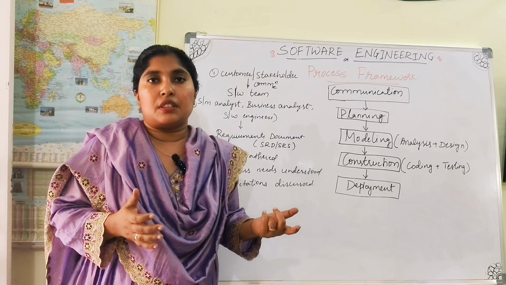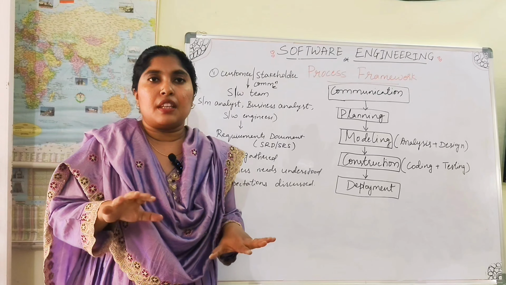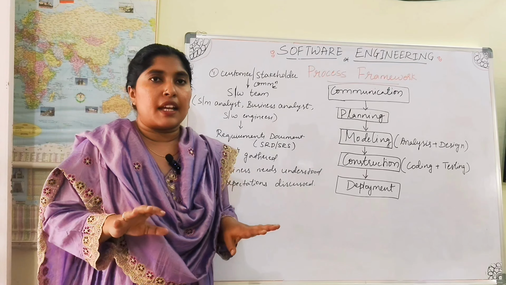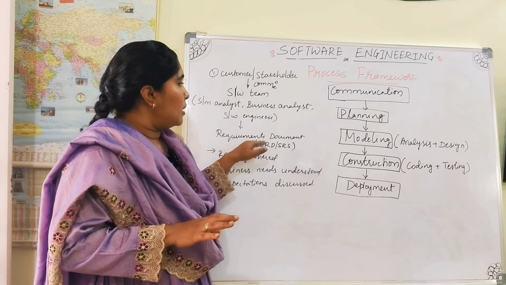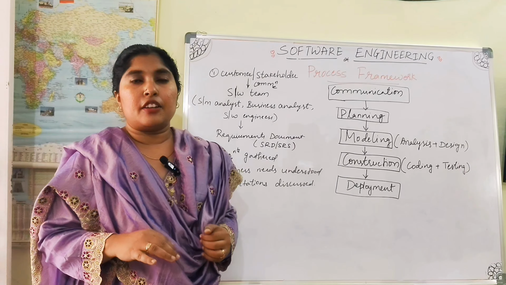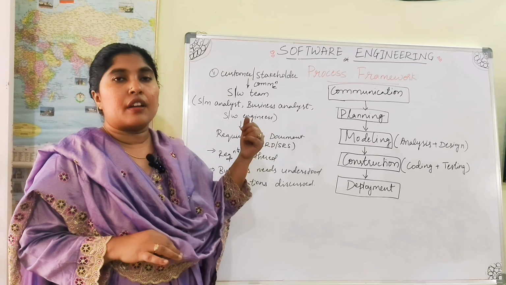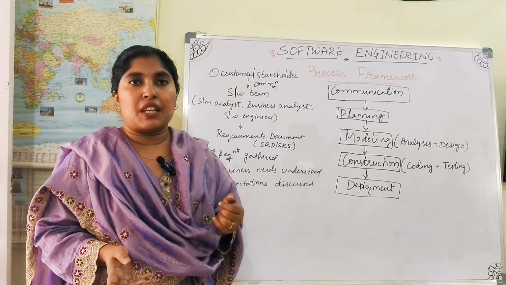and who the users are, who will be using that software. They will make an outline, gather all details and maintain a document called the software requirement document or software requirement specification.